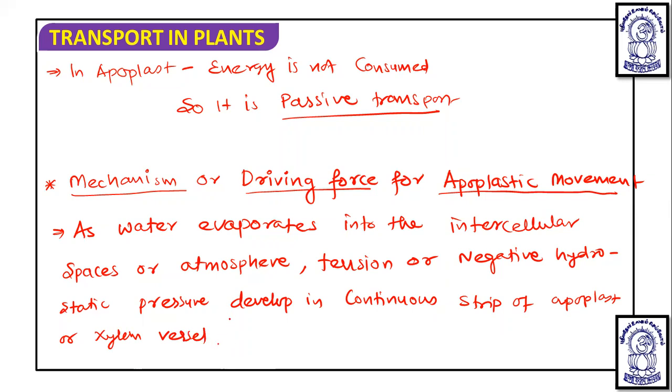Hence, mass flow occurs, and the water is absorbed and transported from the xylem and through the apoplast movement. So this negative hydrostatic pressure which develops in a continuous stream of apoplast or xylem vessel is responsible for the absorption in this passive transport.